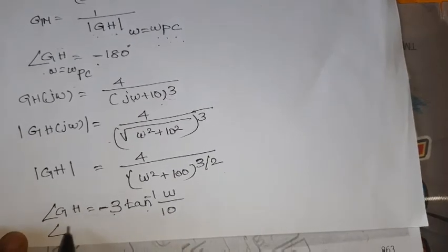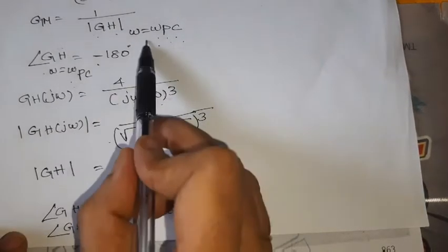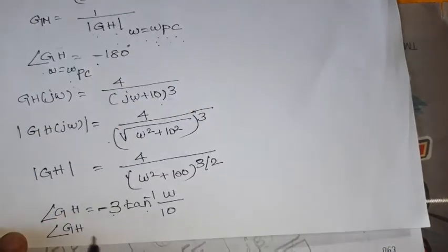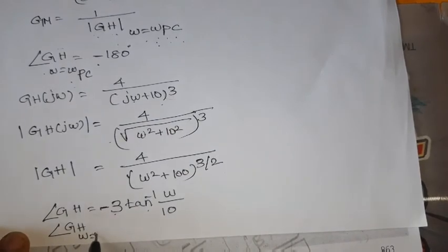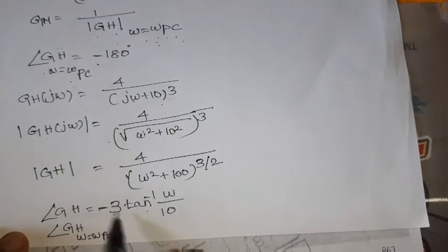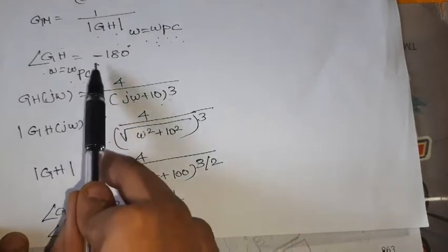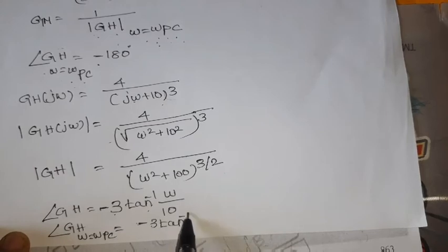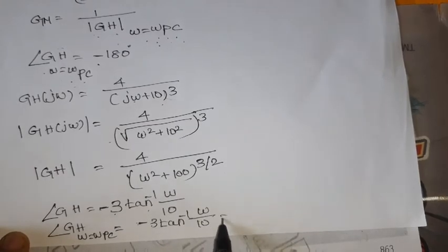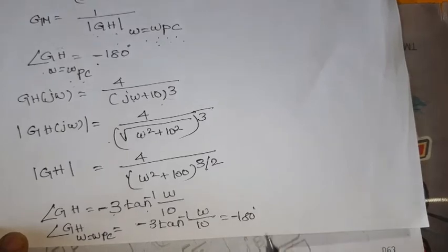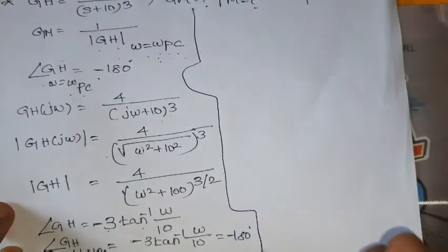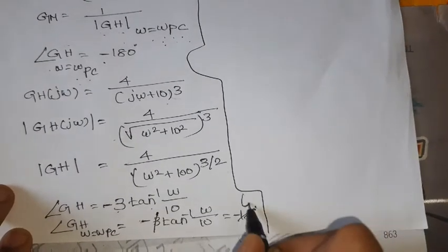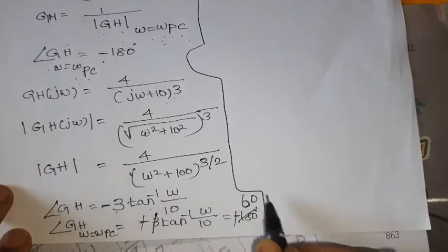At omega equal to omega PC only we are going to find the gain margin. So at omega equal to omega PC, the angle of GH of j omega should be minus 180 degrees: minus 3 tan inverse of omega by 10 equals minus 180 degrees. The minus signs cancel, and 180 divided by 3 gives 60 degrees.